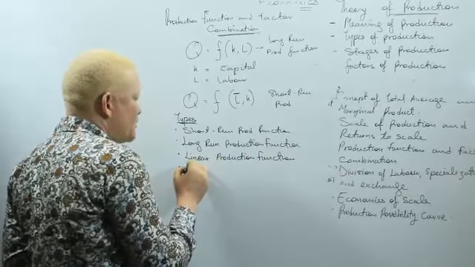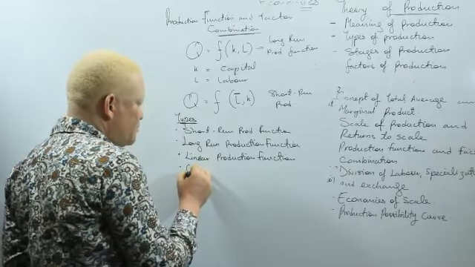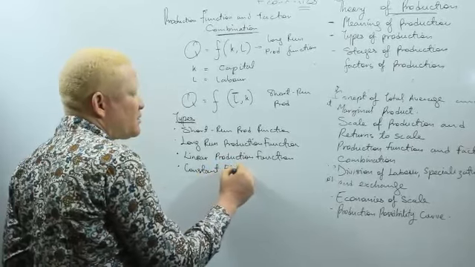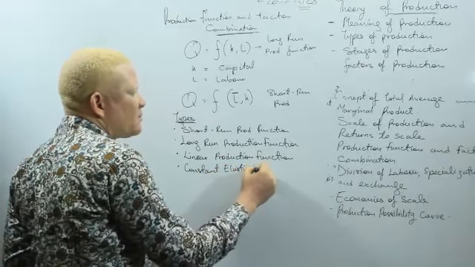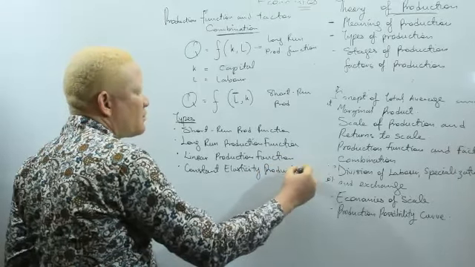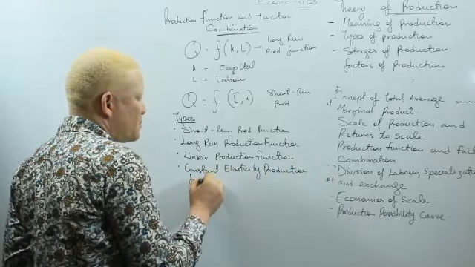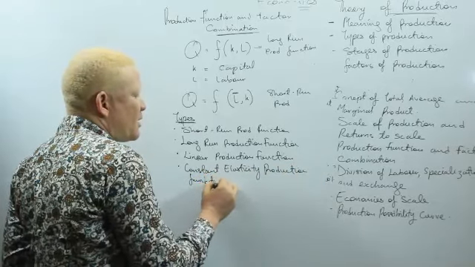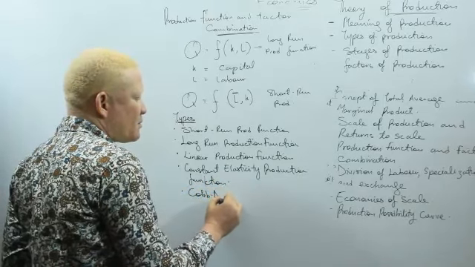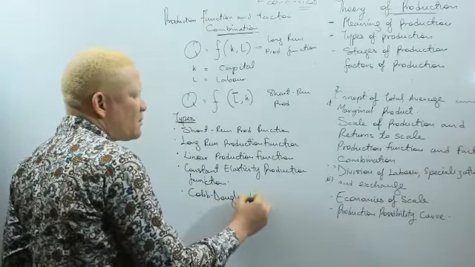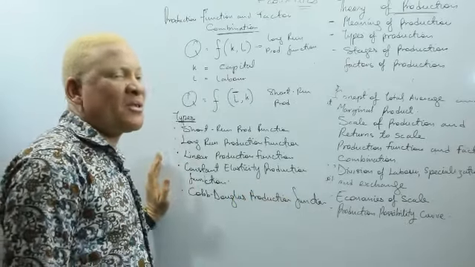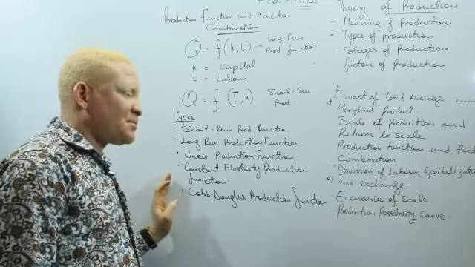There is the constant elasticity production function. And last but not least, we have the Cobb-Douglas production function. So these are different forms of production function.